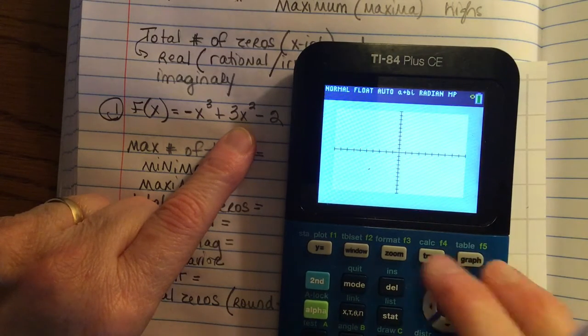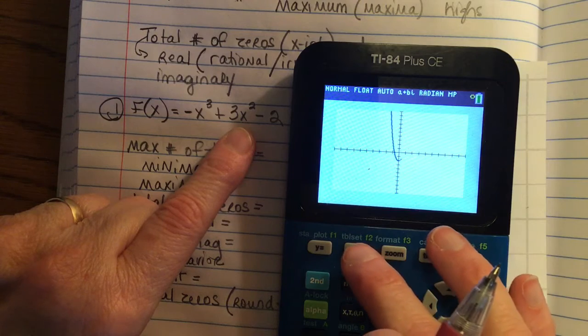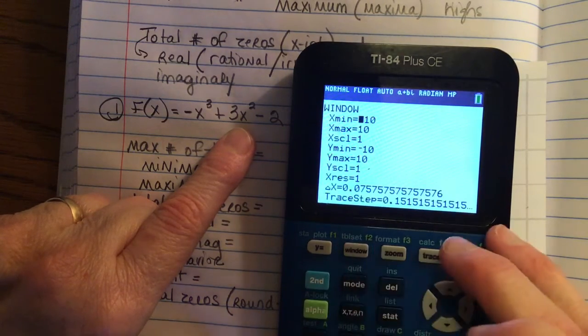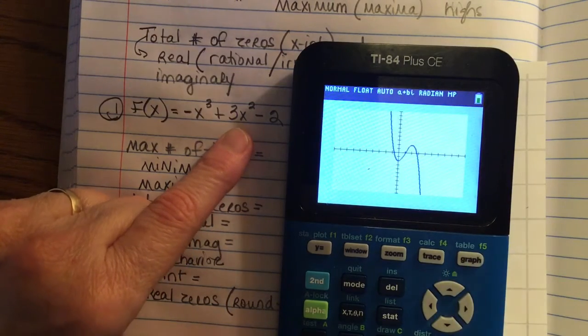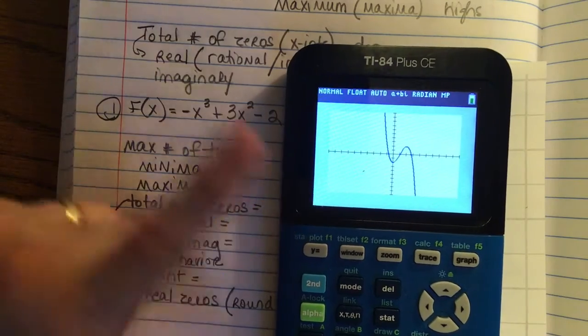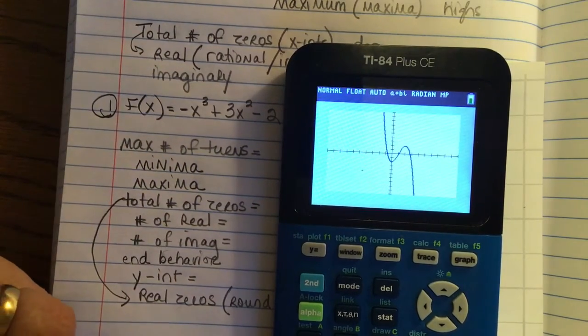Graph. I have no idea if I'm in standard window. I probably should have checked it. I believe I am. And I don't think that you're going to have trouble seeing the original graph in your standard window. Zoom 6, if you don't remember how to get it back to standard.